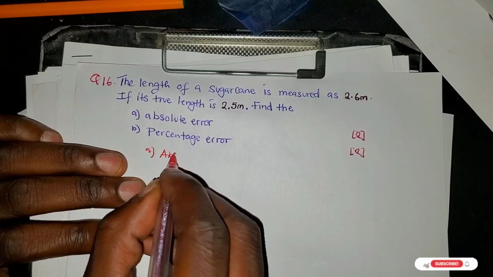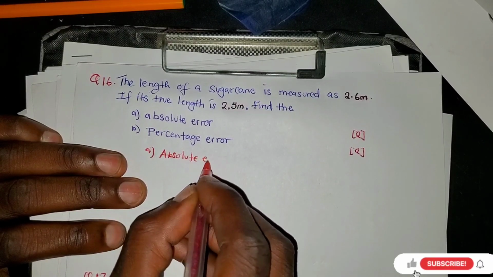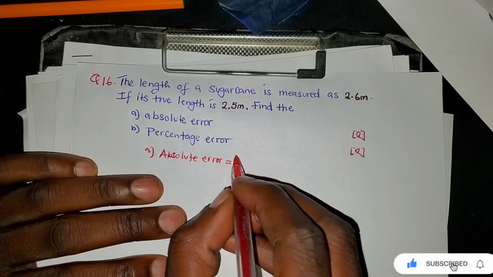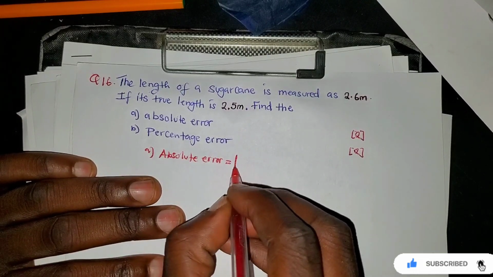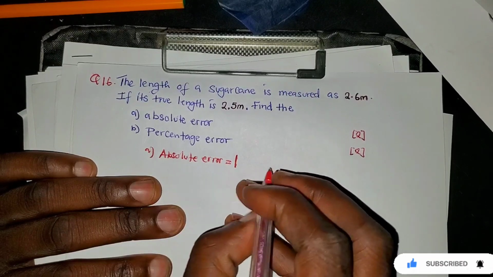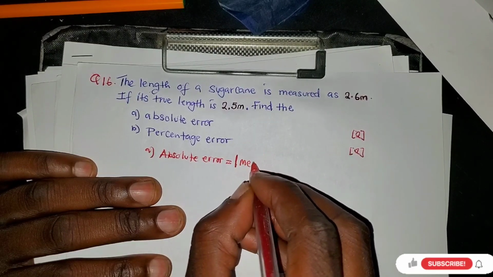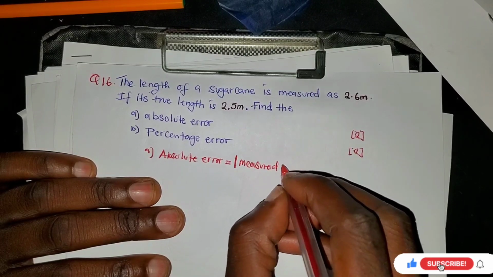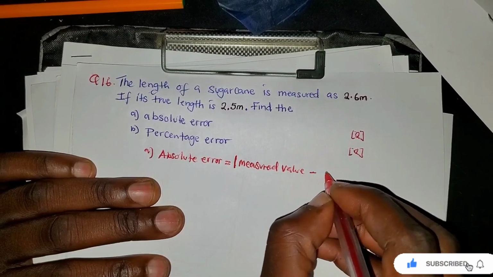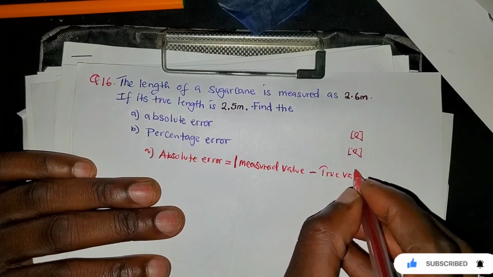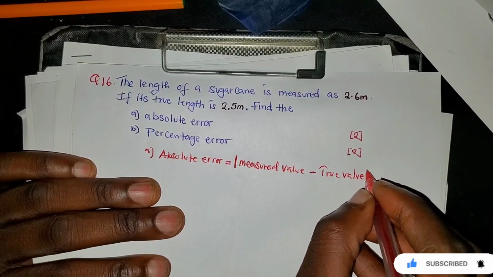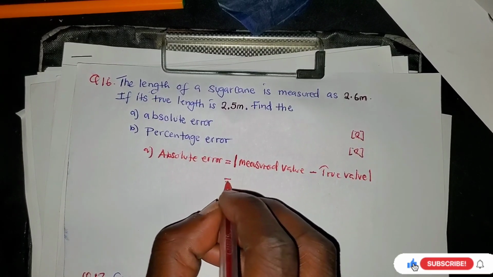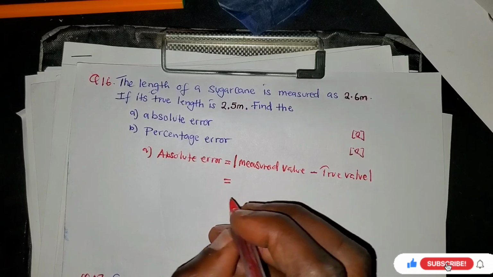So we're going to say absolute error is equal to, and this is the symbol for absolute, which is just a bar like this. These are not brackets, but they show the meaning of absolute.